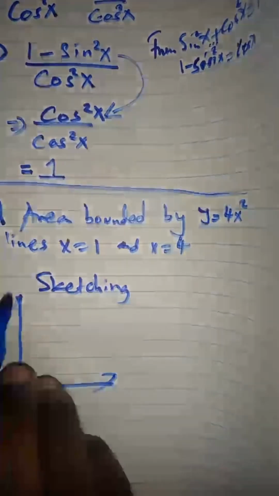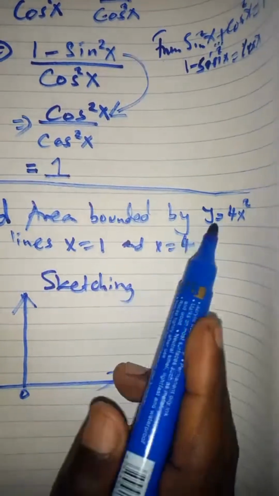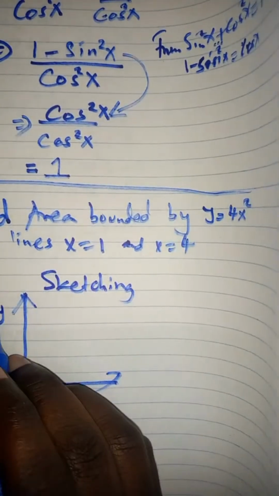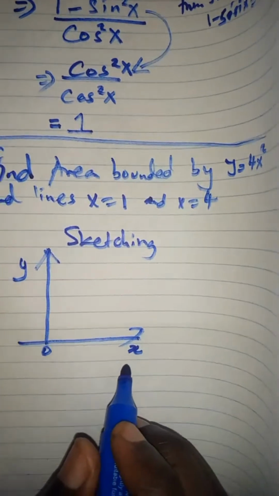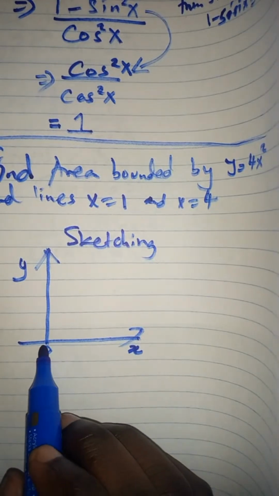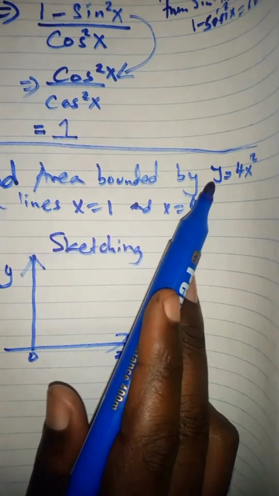I want to see how that curve behaves. So if x is 0, then this is the y-axis and this is the x-axis. So if x is 0, automatically when I substitute here, y is also 0.